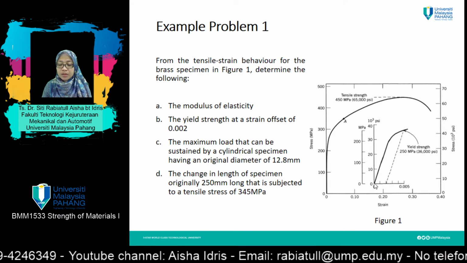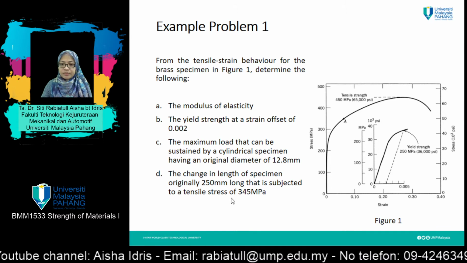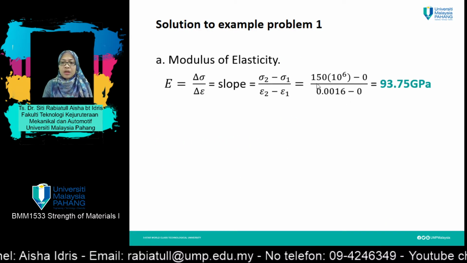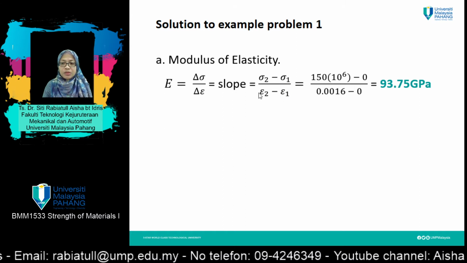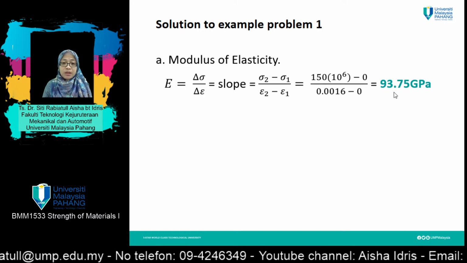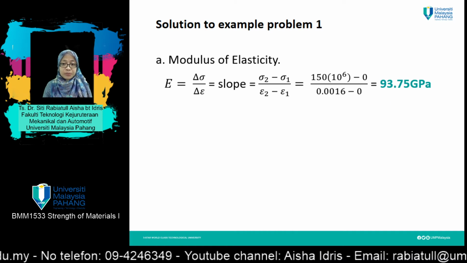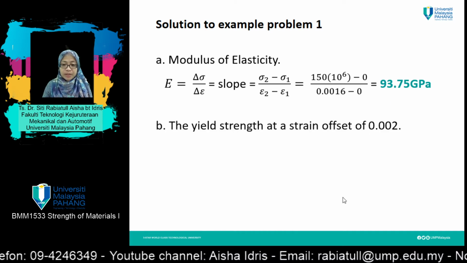So we get sigma 1 and sigma 2, which is the y-axis, and this one the x-axis. From there, just substitute into the formula, then you will get the modulus of elasticity equal to 93.75 gigapascal. Move on to question B.